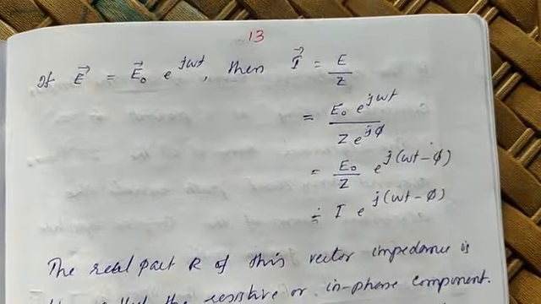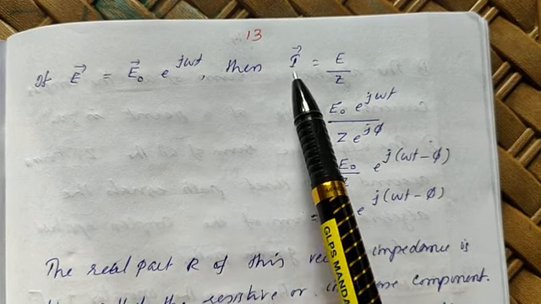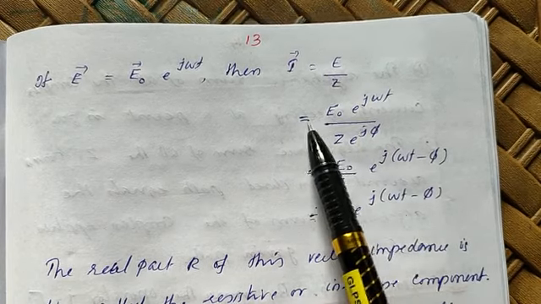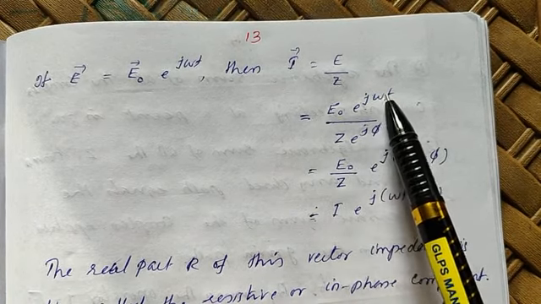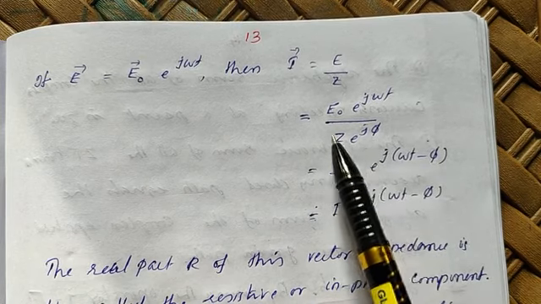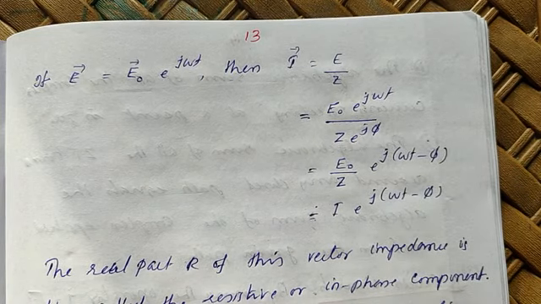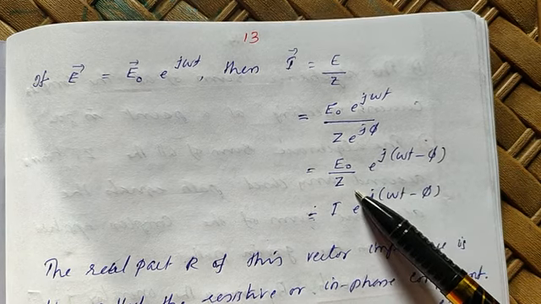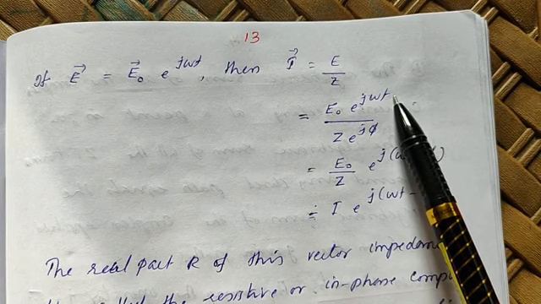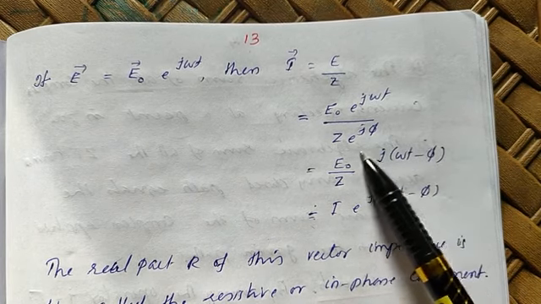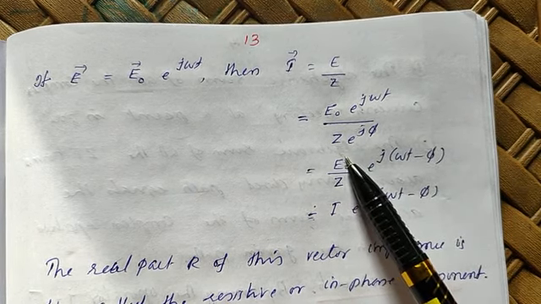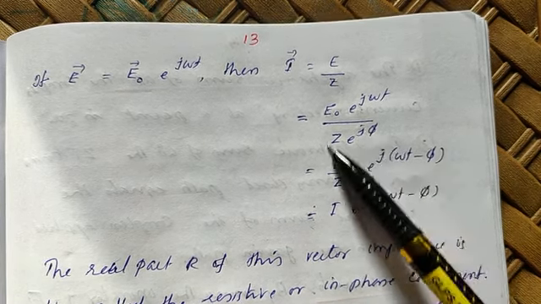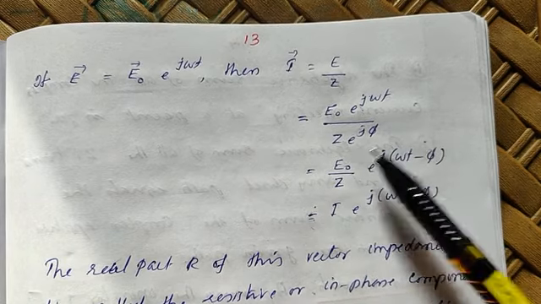Now if E is equal to E0 e raised to j omega t, then I is equal to E by Z, which is equal to E0 e raised to j omega t by Z e raised to j phi. Since E is represented like this, and Z has a complex form of cos phi plus j sin phi, we are representing E and Z like this.